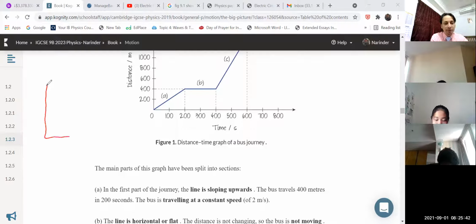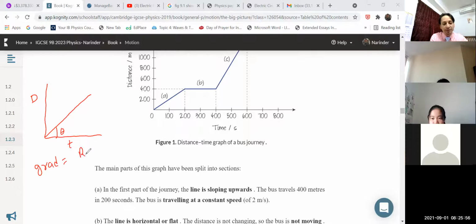So let me draw this line, children, and this is distance versus time. Let me take some angle theta. The gradient of a graph is given by rise over run. If I take 2 points in this graph, the first point at the origin and another point at the last point, and a little bit of construction here, I will form a triangle.